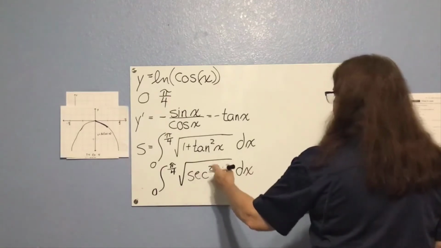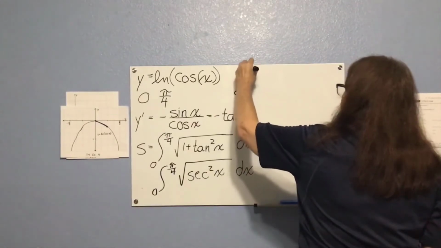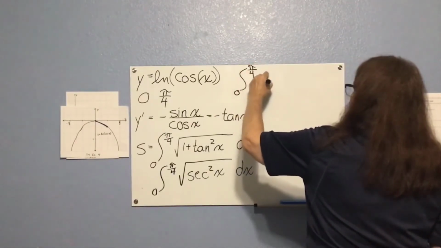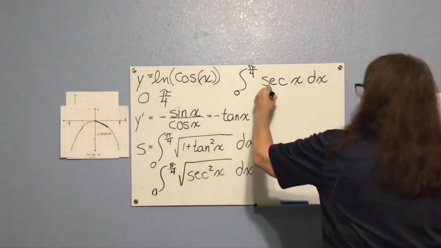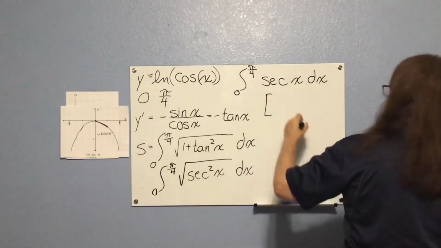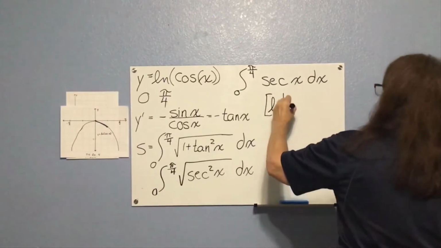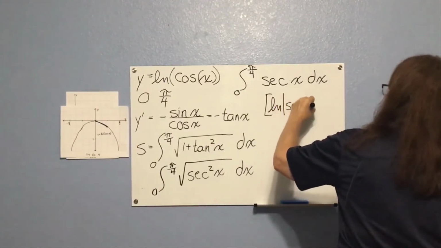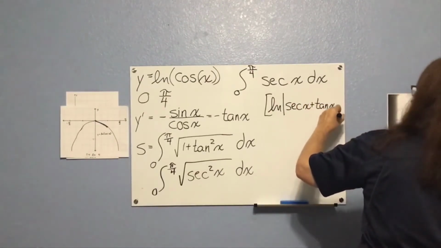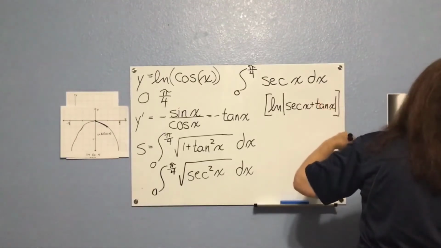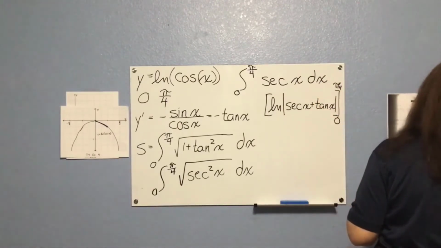And of course, the square root of secant squared is just going to be secant x dx. So when I integrate, I will have natural log of the absolute value of secant x plus tangent x evaluated from 0 to pi over 4.